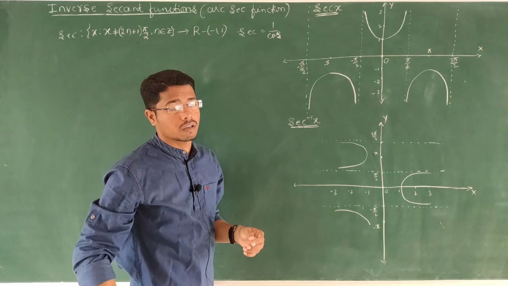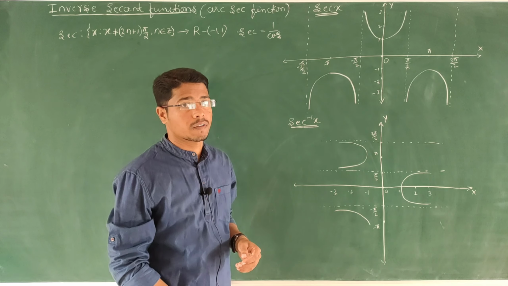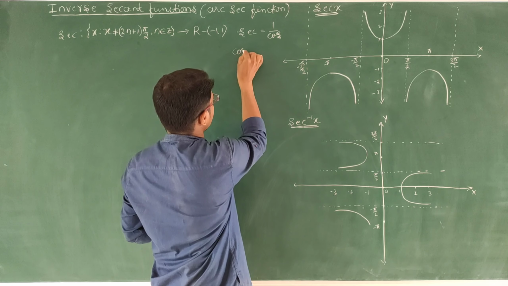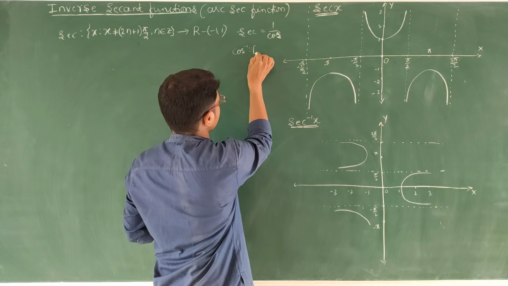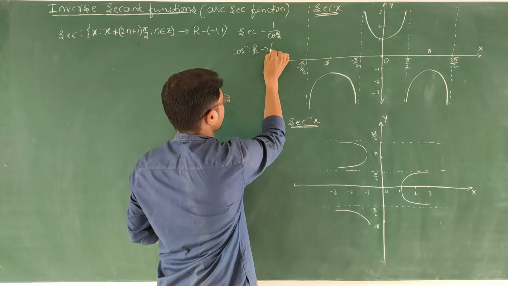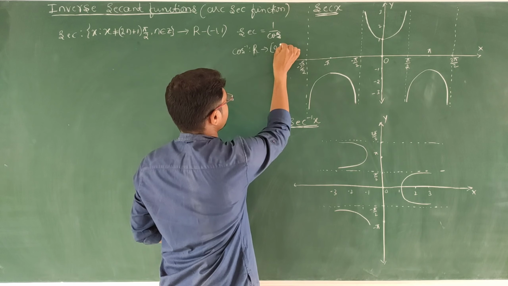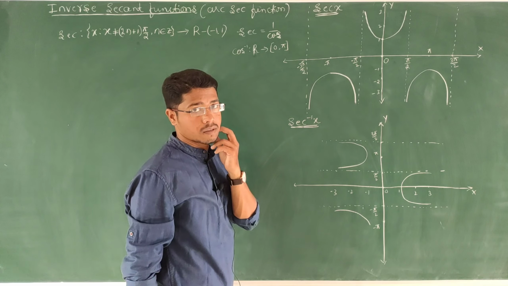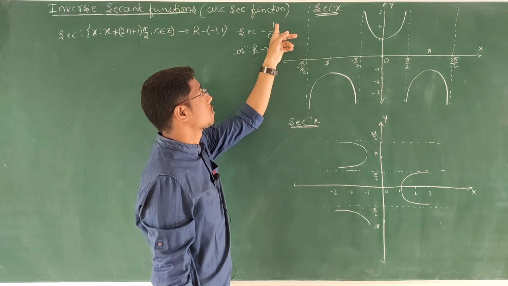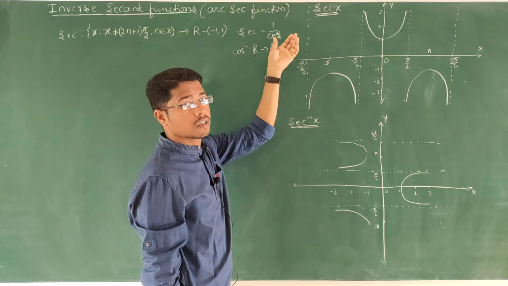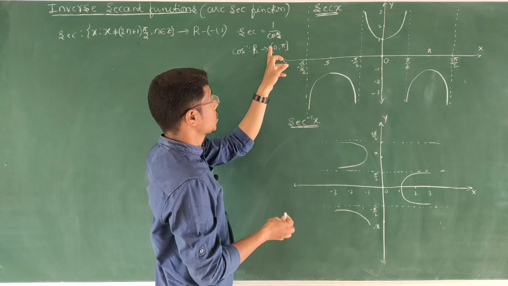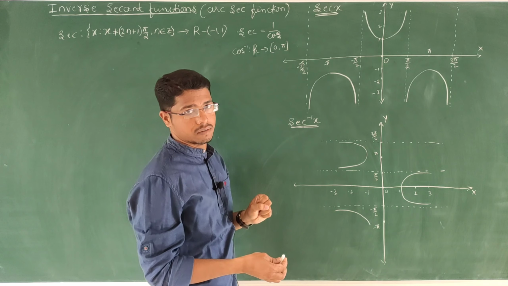Okay, so we know the cos inverse function is from R to [0, pi]. Sec is not defined where cos is 0, and cos is 0 at 90 degrees, that is pi by 2, so we have to exclude it here.